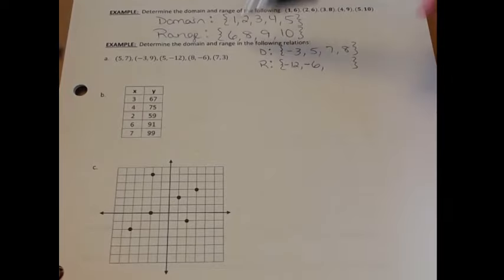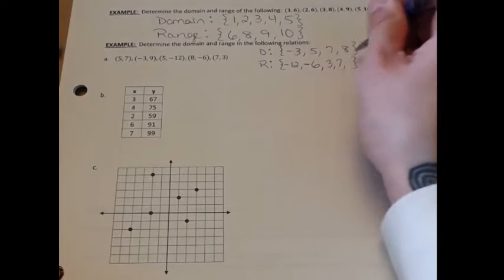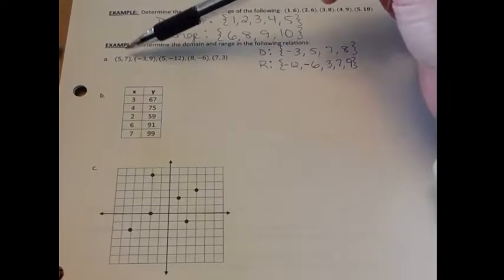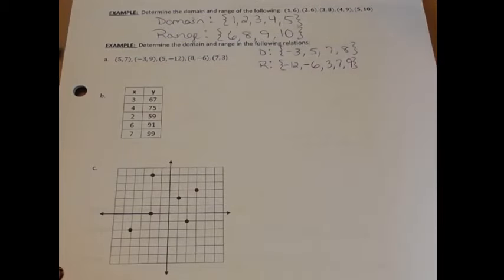After that, I have a 3, a 7, and a 9. Double check. 7, check. 9, yep. -12, yep. -6, perfect, and 3, perfect. We have listed all of the values in our domain and range.